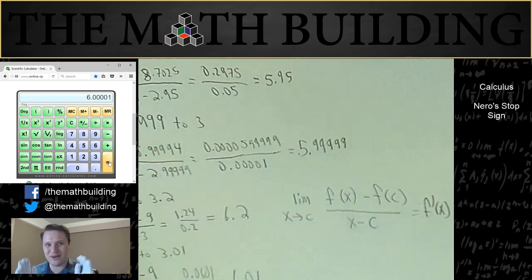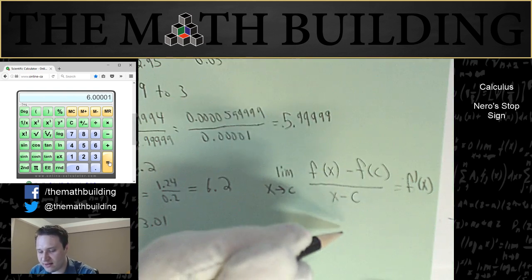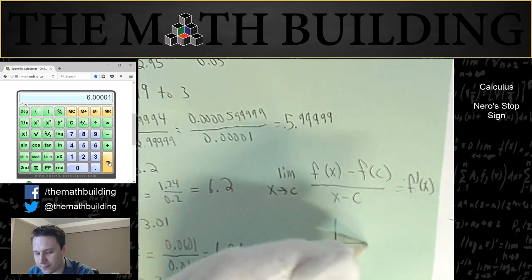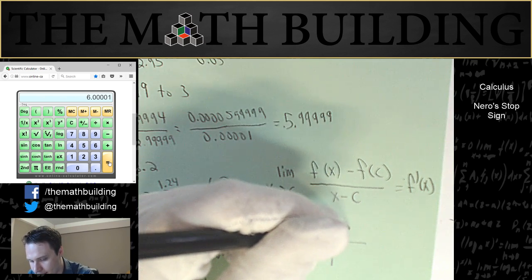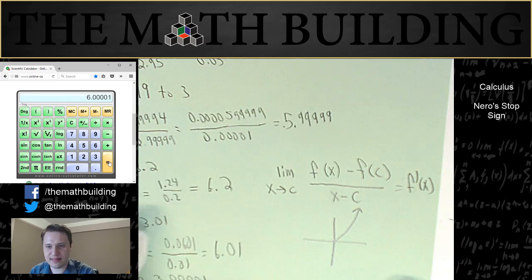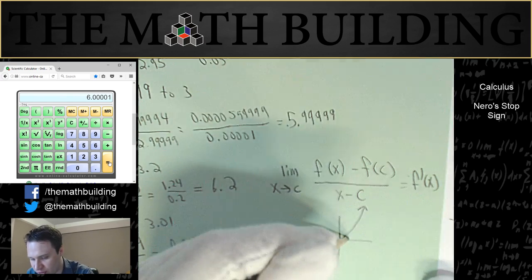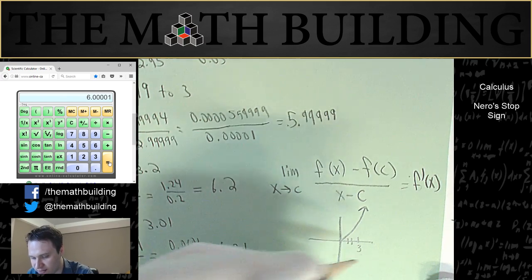This is a very, very powerful and important idea. What it means is that even for a curved function like x squared, we're going to be able to figure out the instantaneous rate of change at that value. In fact, here's what Nero's curve looked like. It looked like this. And here was the 3rd second where the stop sign was.